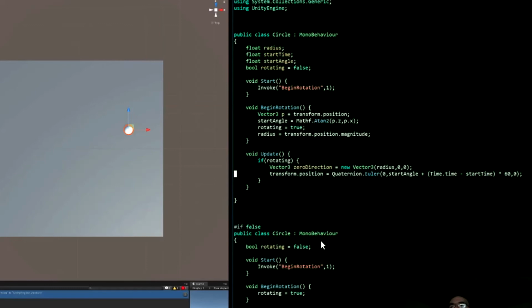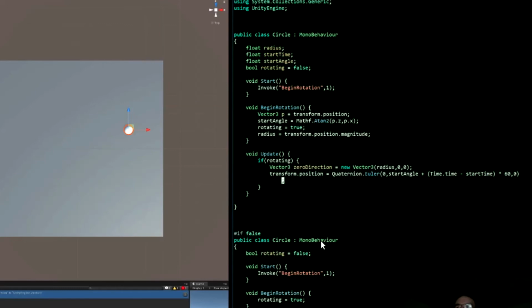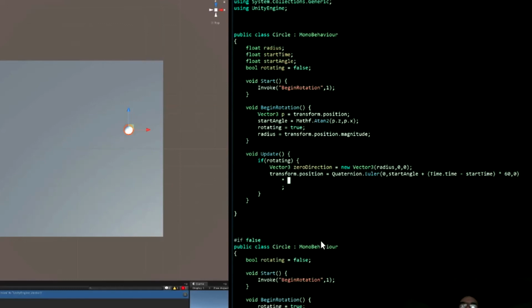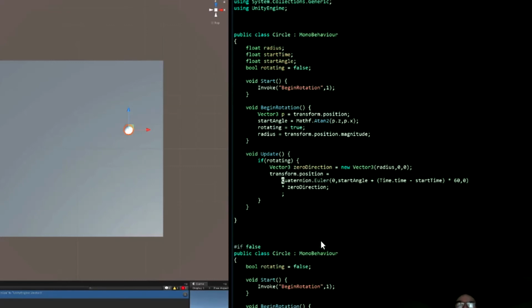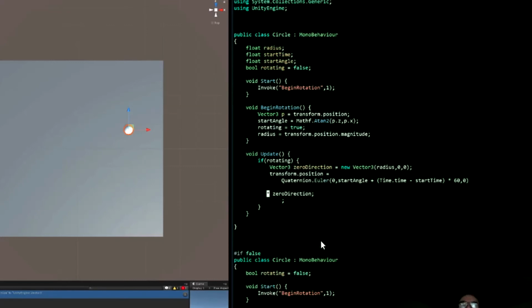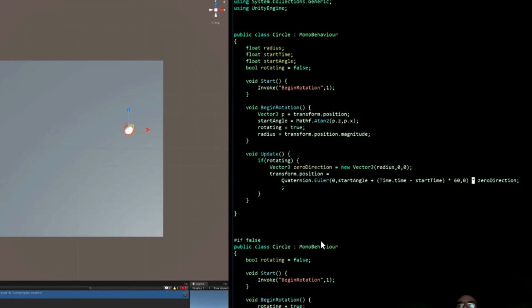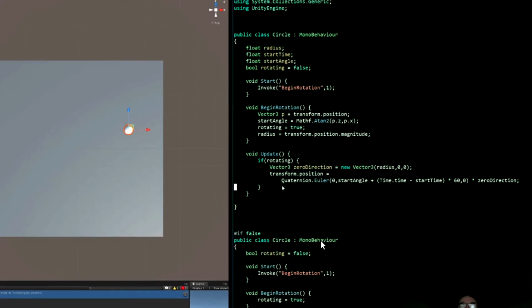And I've still got a problem. Transform position equals quaternion, no, because you cannot assign a quaternion to a vector. What I meant to do was rotate the 0 direction. I do that by multiplying.